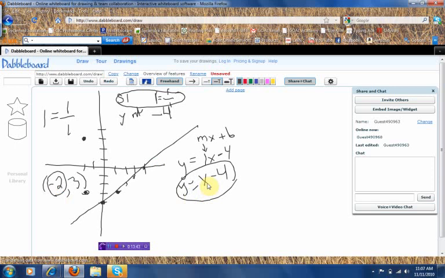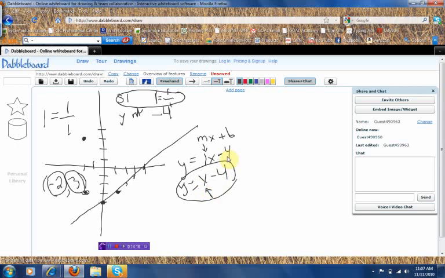So y equals -2 minus 4. If I plug in -2 for that x, what would I get for y? -2 minus 4 is what? -6. And actually, if I thought about (-2, -6) down here, that is on the line, isn't it? Yeah. Good.